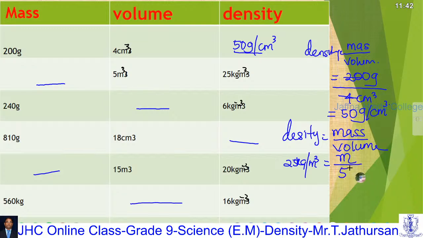Mass equals 125 kilogram, because the unit of density is kilogram meter minus 3.